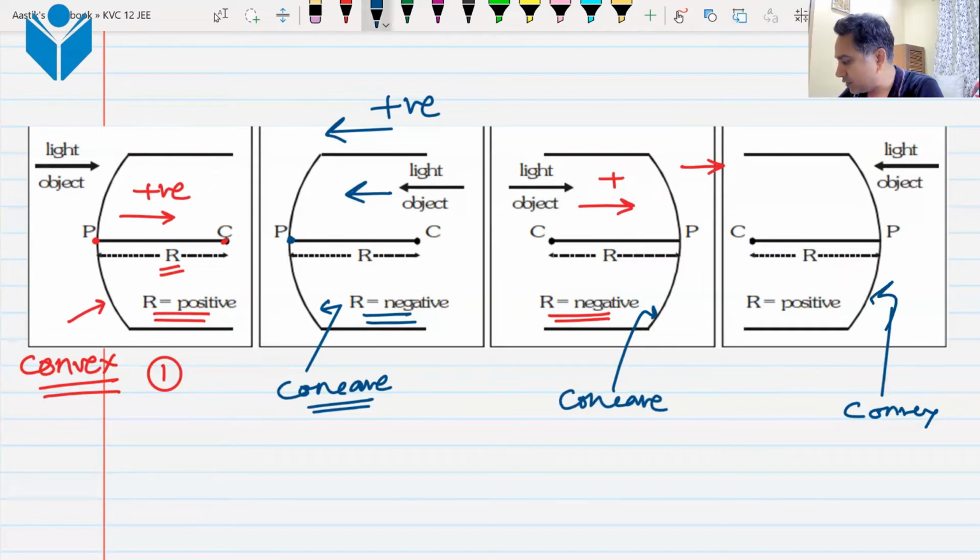Are you getting my point of discussion? Light can come from any side, no matter what side it comes. Depending on that side, you will have your sign convention. Anyone has any doubts on this?